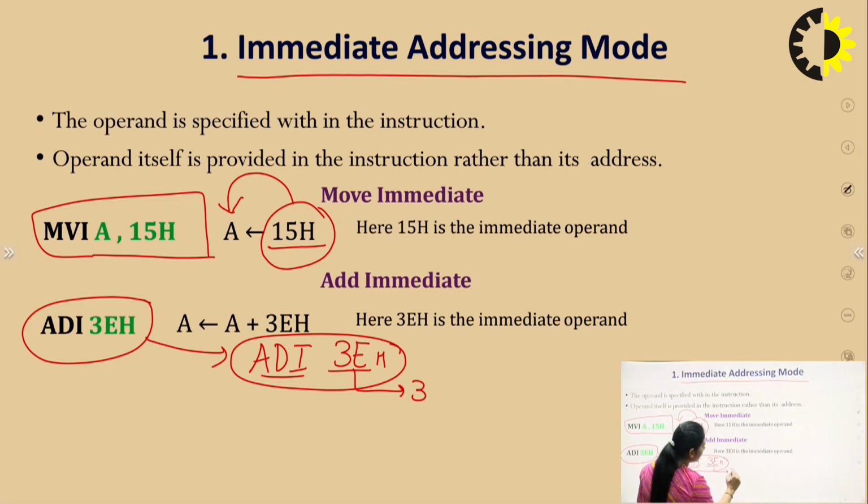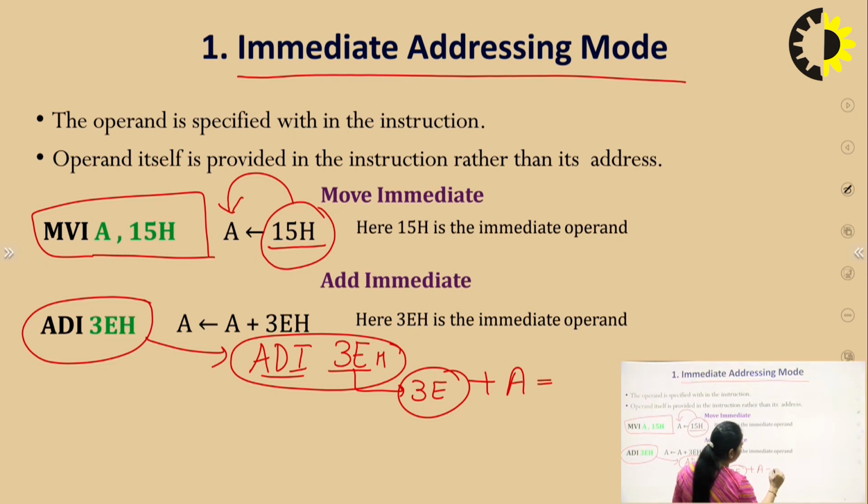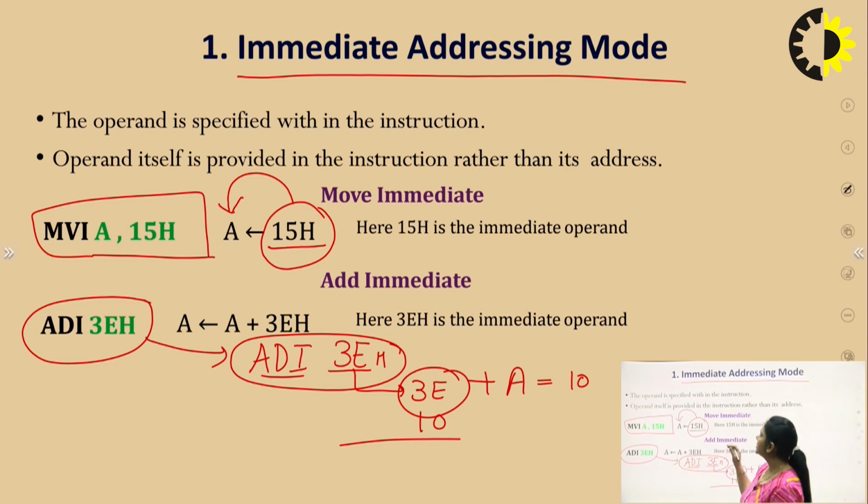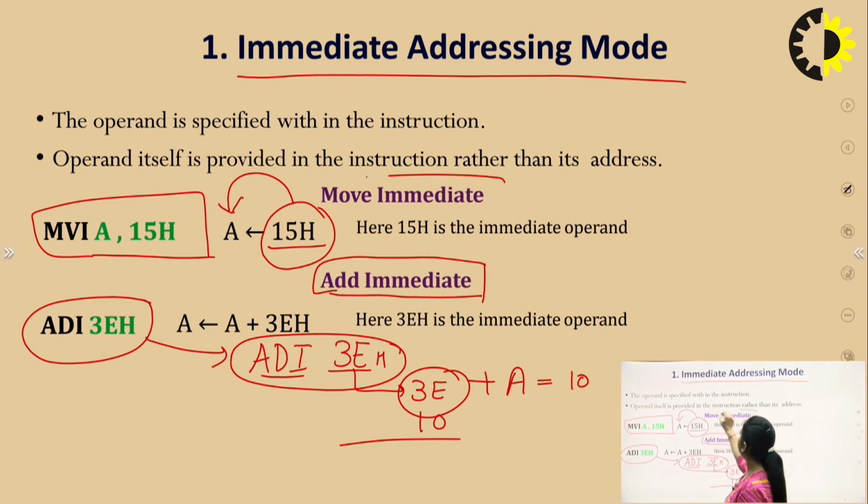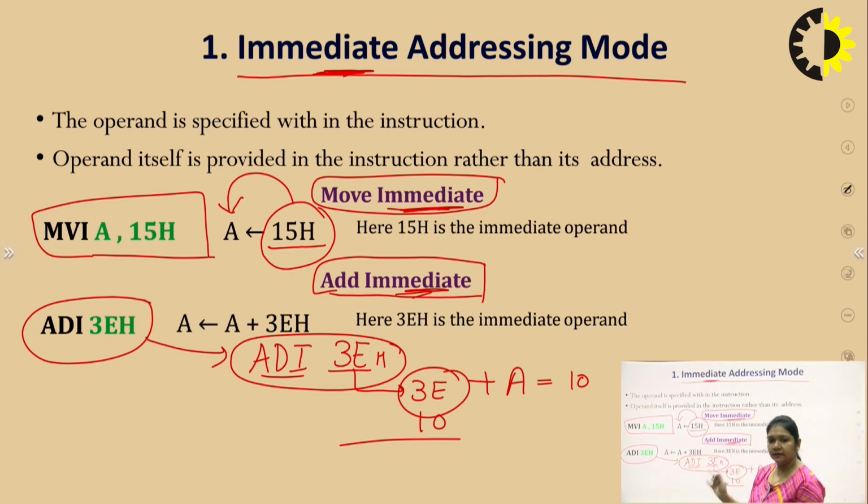So the 3E data will be added with the accumulator, and suppose the accumulator is having 10. So this 3E will be added with the accumulator, and the result is also stored in the accumulator. So this is the immediate addressing mode, where we have to perform an operation immediately, as the name suggests. So that is why immediately move, immediately add.